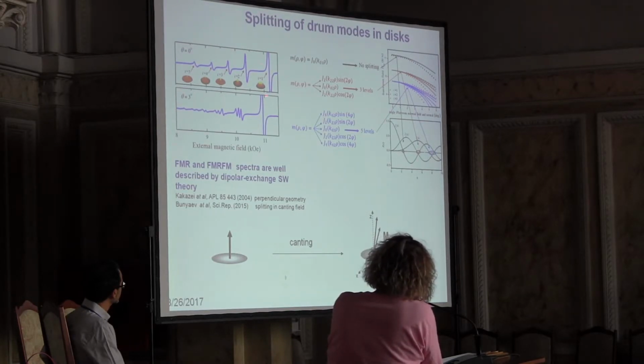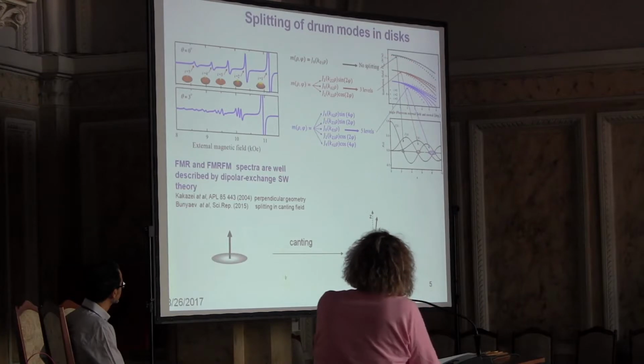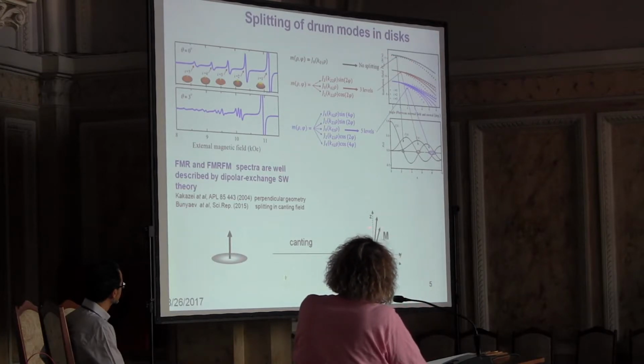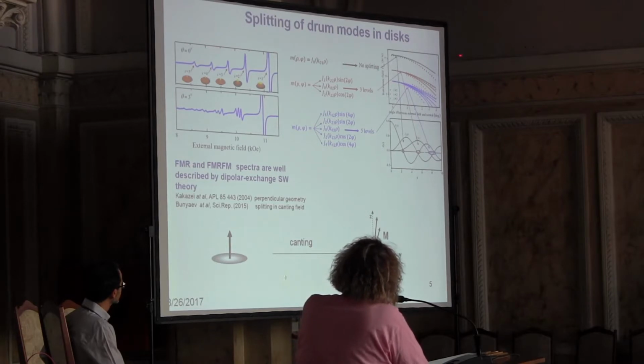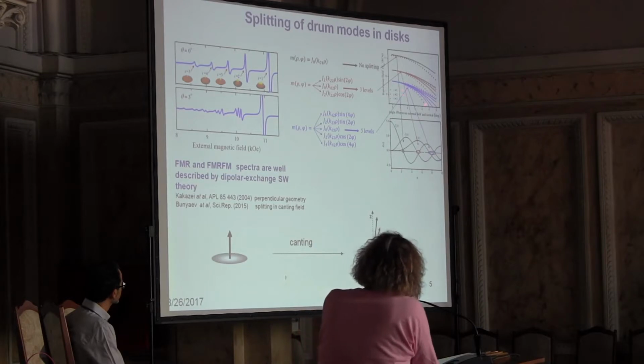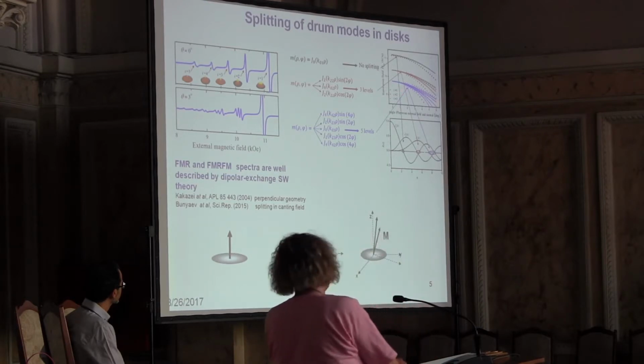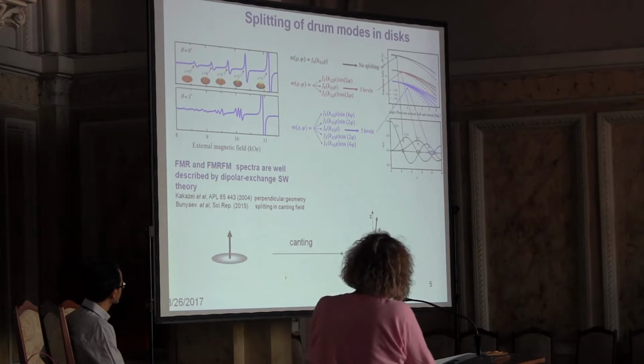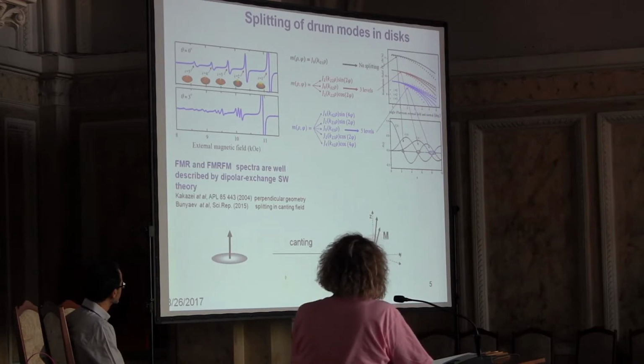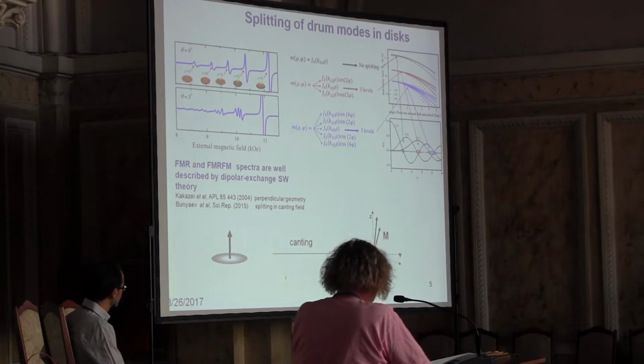The first mode, in perpendicular direction, is only one. Then in the case of some canting, it doesn't split at all. The next mode splits in 3, the next in 5, and the next in 7. So this was observed experimentally and proved theoretically.